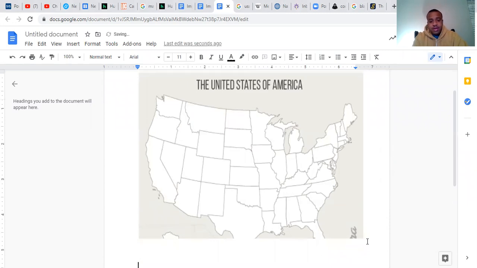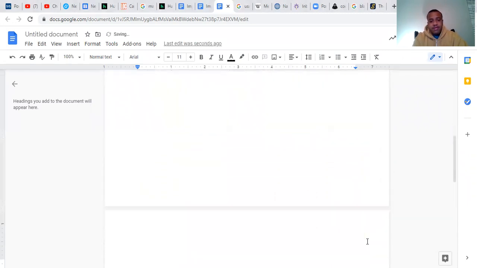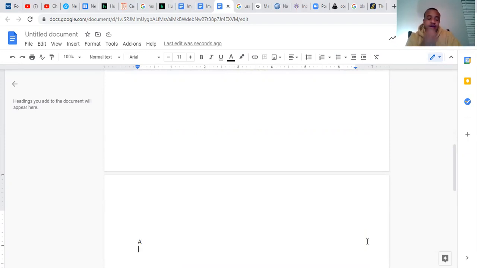So, many may wonder, what is a state capital? How do I know this? What purpose does a capital serve? Well, state capitals are usually where all the official major business and government happens in the state.